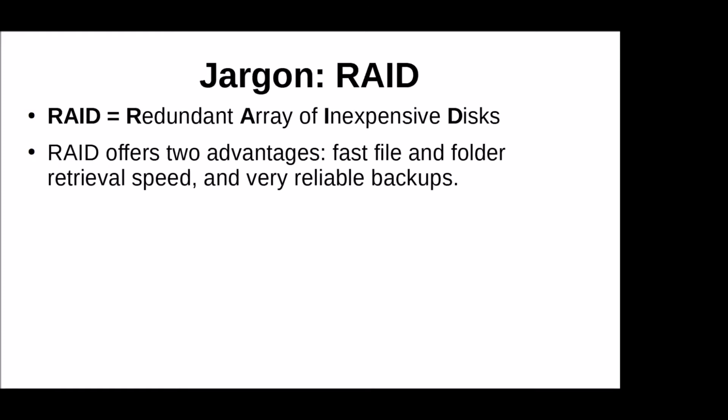It's because each file is divided across 2 or more hard drives, and so each part of the file can be retrieved concurrently and delivered to your computer, far faster than any single drive can do the same work. Very reliable backups, because files are distributed redundantly across the disks in a RAID. So if one disk dies, the other disks still contain all the information for any file, and you can continue to retrieve it.